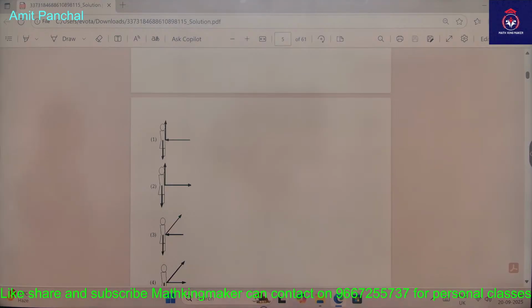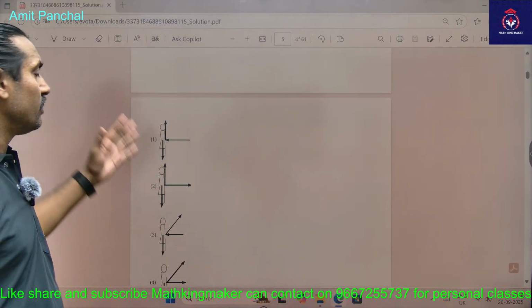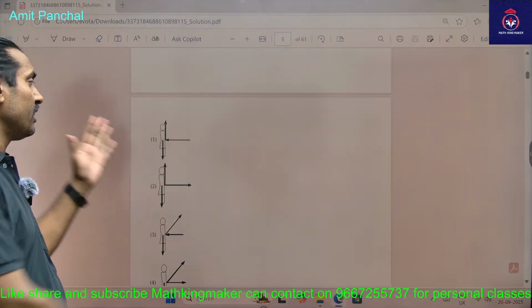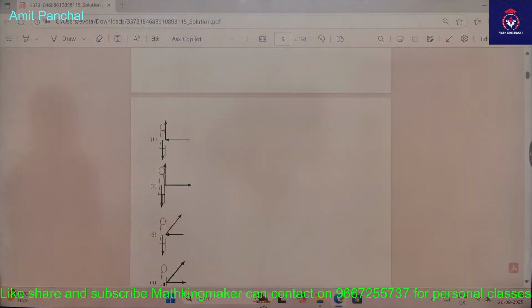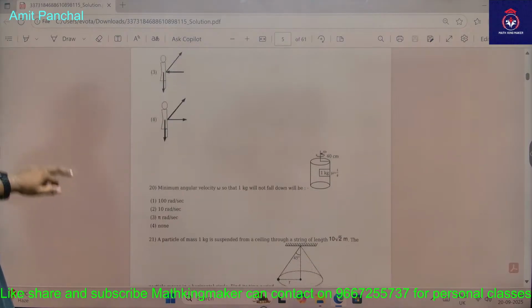Yeah, but what force is applied on the girl? We are not talking about what force the girl is applying on the wall. Only we need to show the forces applied on the girl. Okay, understood. So option 1 will be the correct answer. Got it? Okay. Next question.